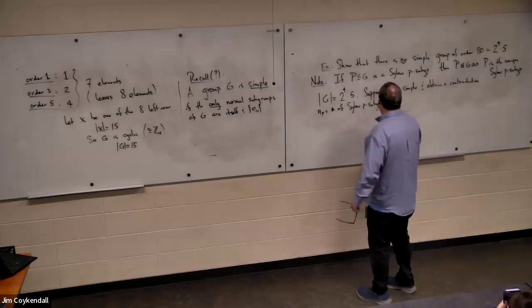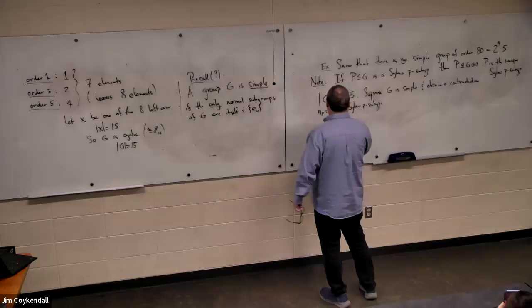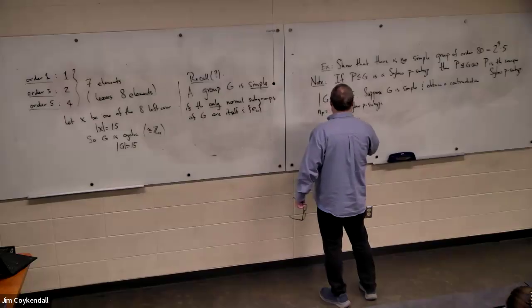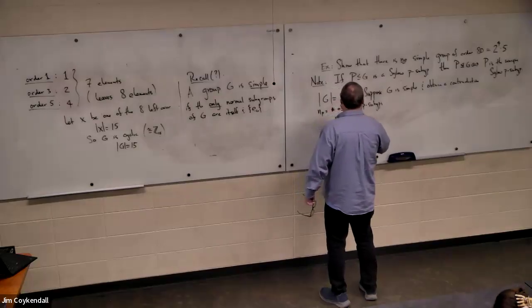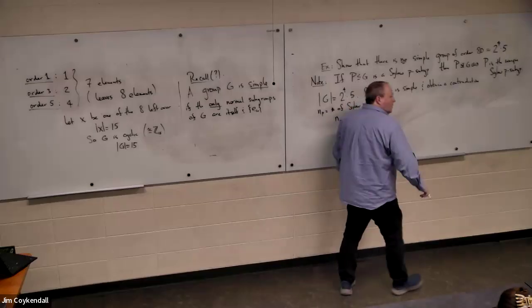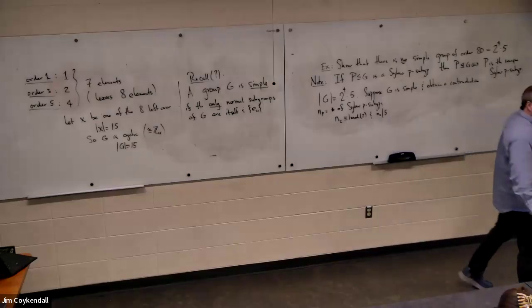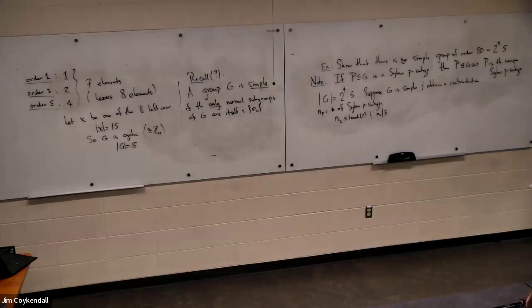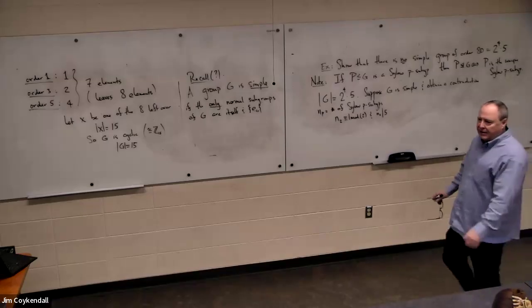What are the possibilities? The number of Sylow 2 subgroups: the prime is 2, so any Sylow 2 subgroup of this group will have order 16. It's a big clunky mess with 16 elements in it.